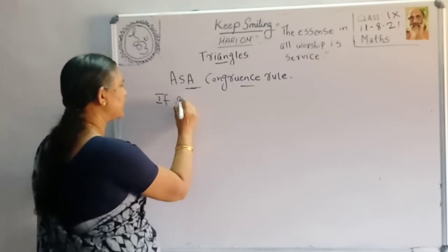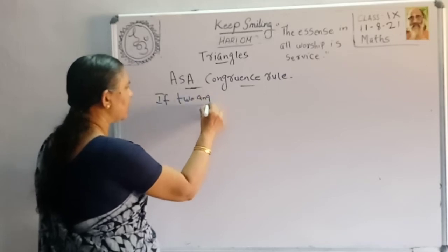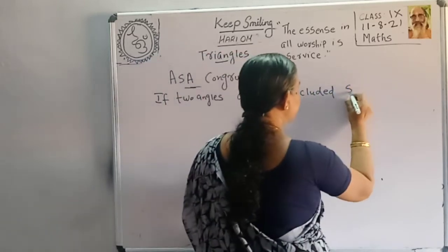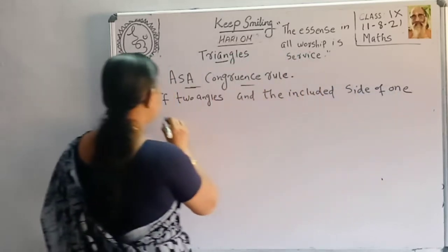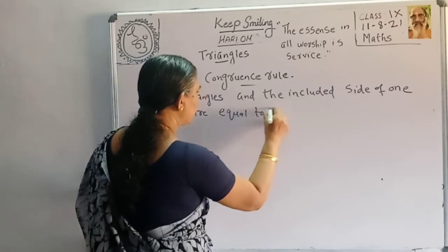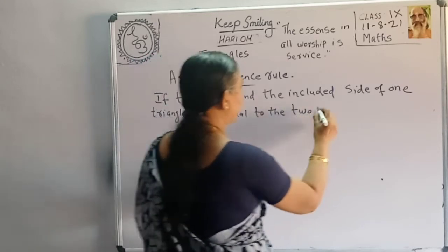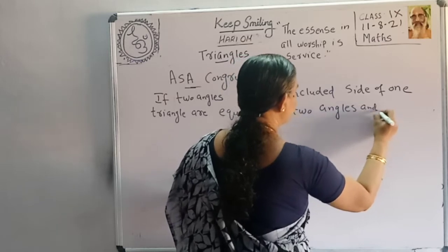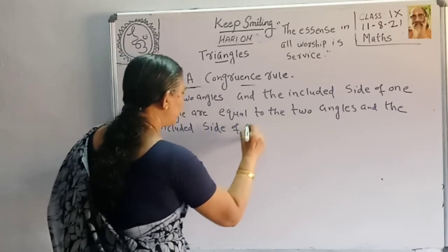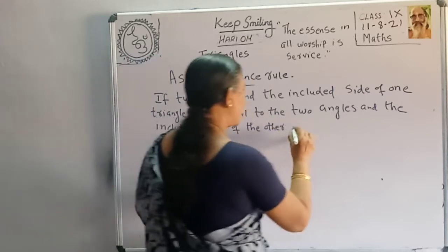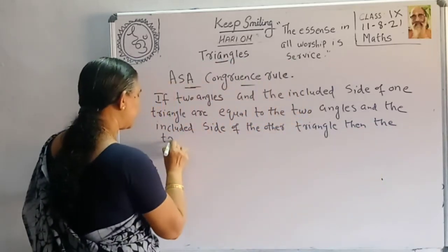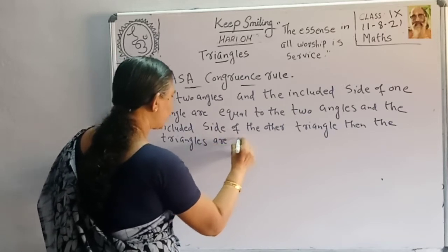If two angles and the included side of one triangle are equal to the two angles and the included side of the other triangle, then the triangles are congruent.